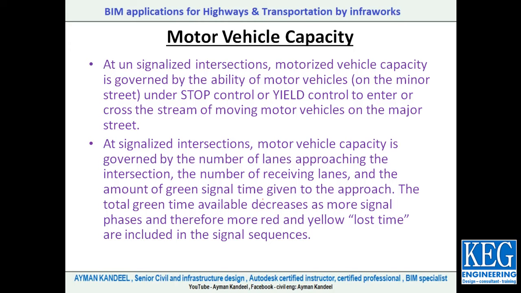Okay, let's move to the motor vehicle capacity. What is the vehicle capacity for this intersection and what is the difference between the intersection capacity and the level of service? For the unsignalized intersection, motor vehicle capacity is governed by the ability of motor vehicles on the minor street under stop control or yield to respect the major traffic of the major road.